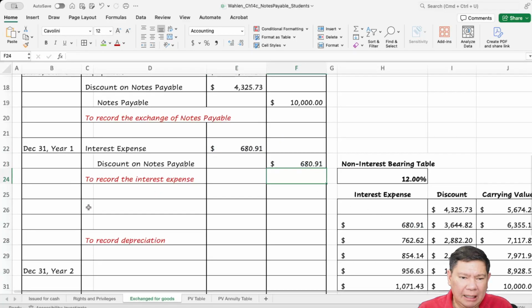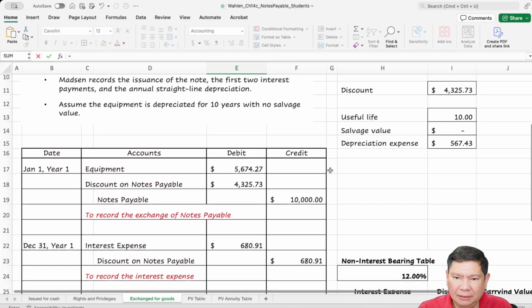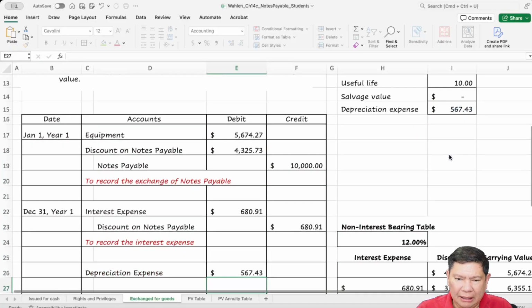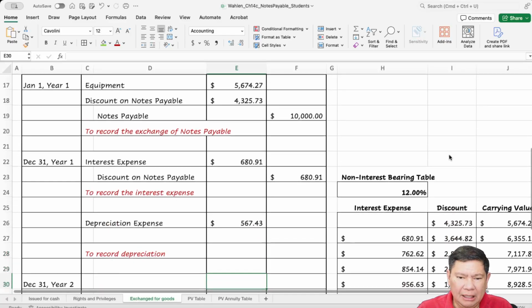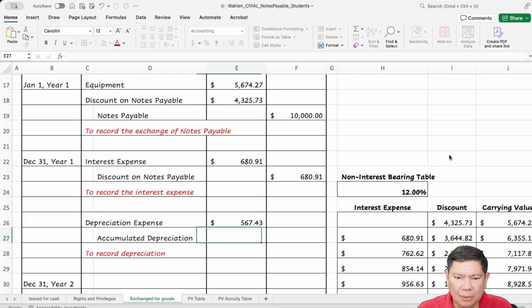And don't forget the adjusting entry for depreciation expense, which is using straight line. We get 567.43 for the new equipment, and we have accumulated depreciation for that equipment in the first year.